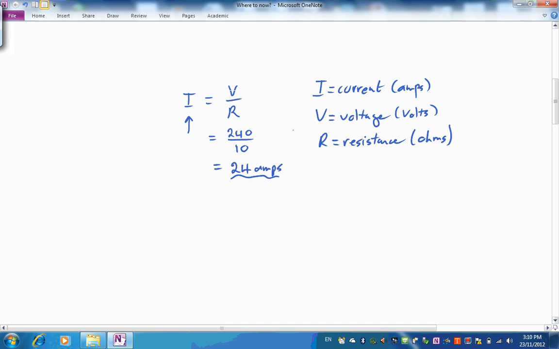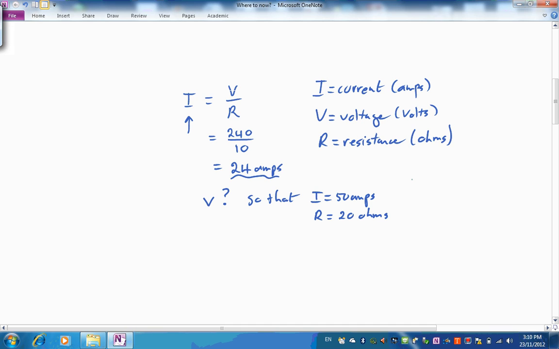But what if somebody wanted to say, well, I've got to work out what voltage I have to apply to a circuit so that I get a current of, let's say, 50 amps when the resistance in the circuit is, what can we say? Let's say 20 ohms.